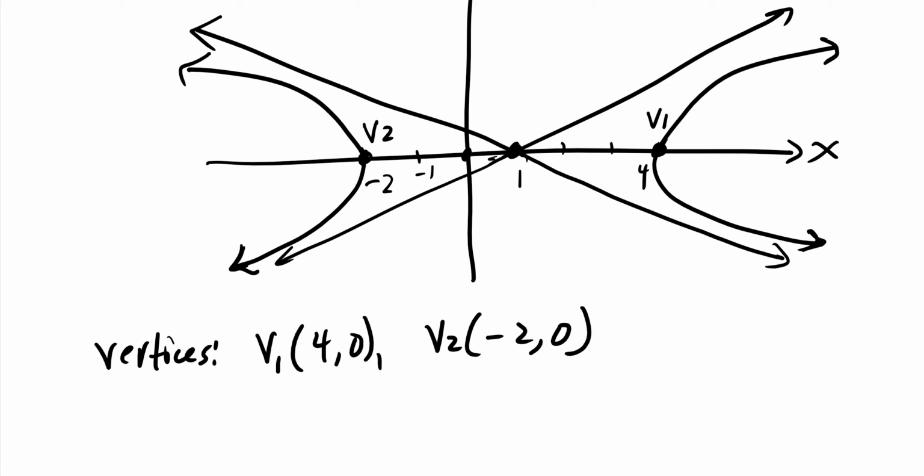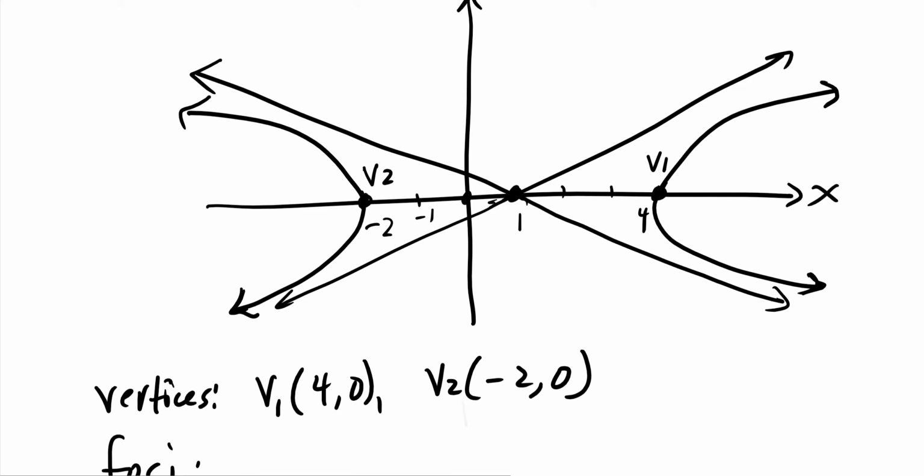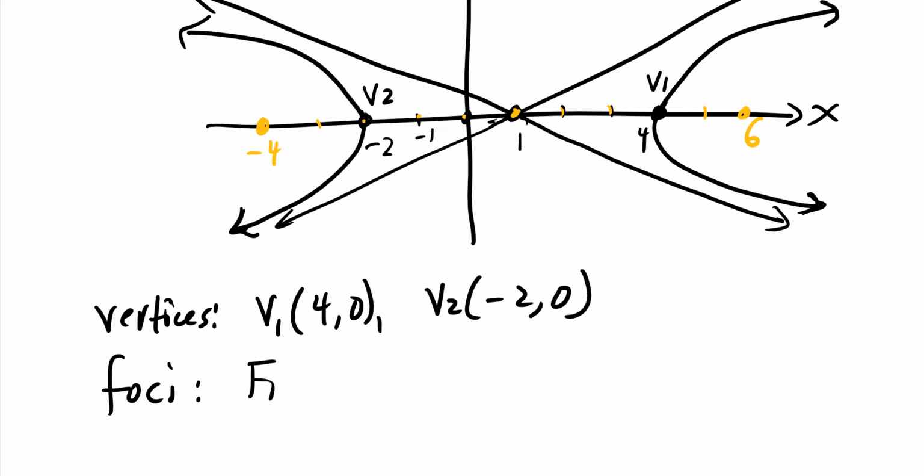Those are the vertices. We have the center. Foci, remember c is 5. From here you go 1, 2, 3, 4, 5, and 1, 2, 3, 4, 5. So the foci: F1 at (6, 0), F2 at (-4, 0). What else do we need to find here?